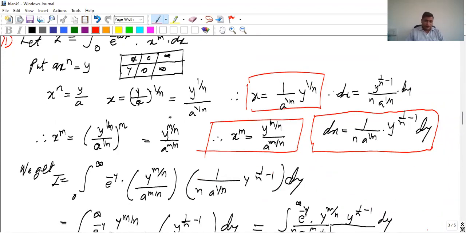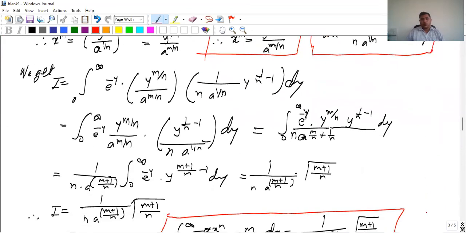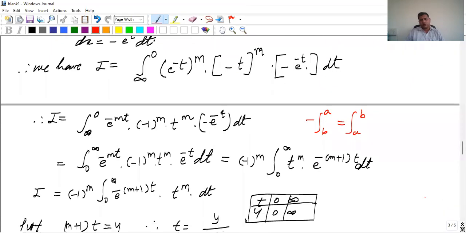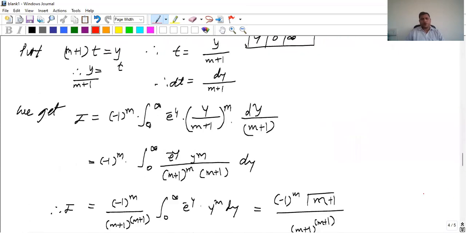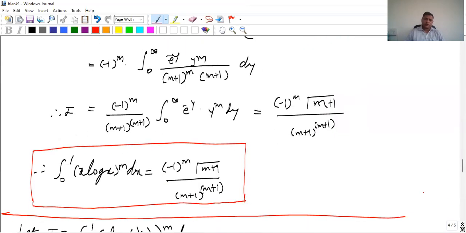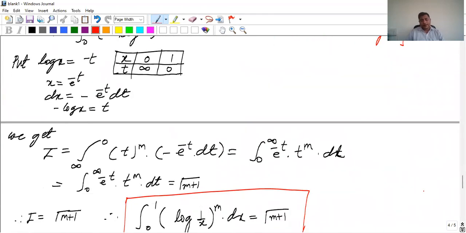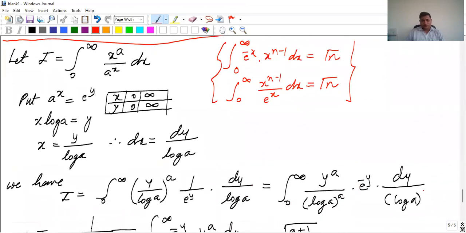All these integrals we can convert to gamma. Once we get them in terms of gamma, we are able to simplify them by using the properties of the gamma function. So is there any doubt up to here?